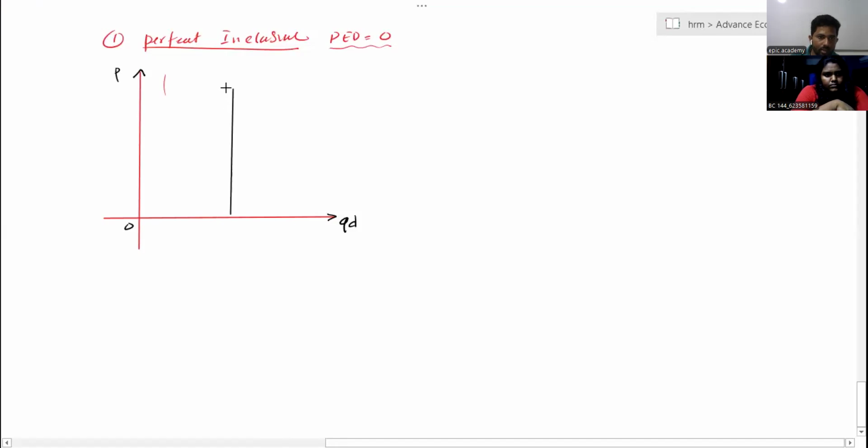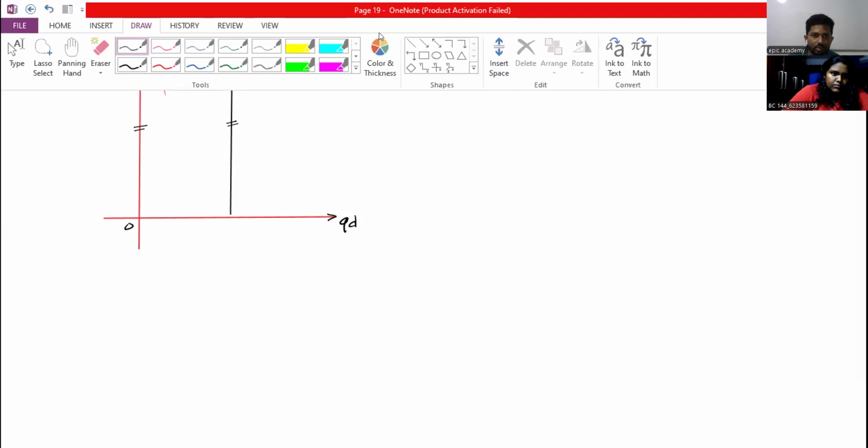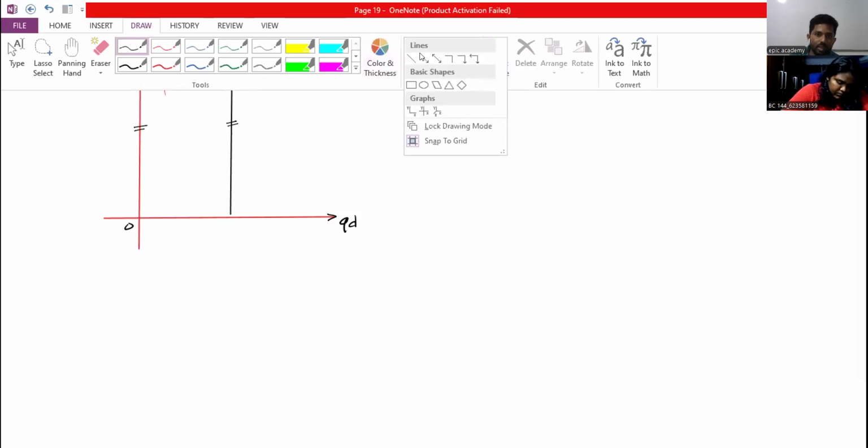Always the demand curve is a parallel line to the vertical axis. Okay, it is parallel. Not going to change.